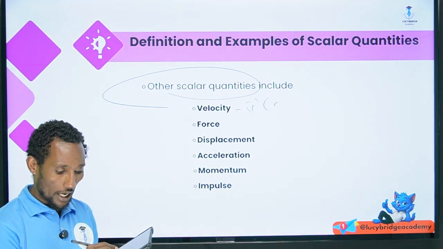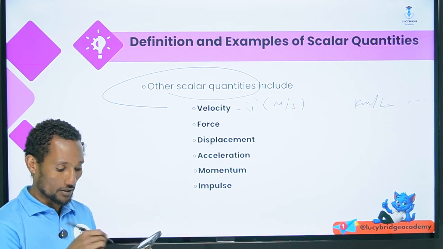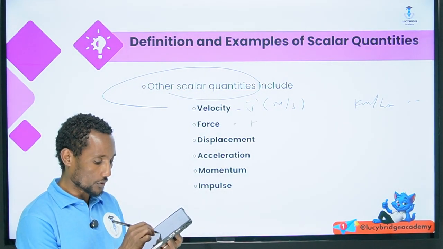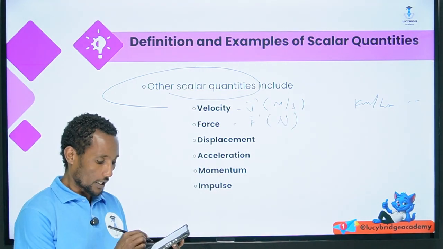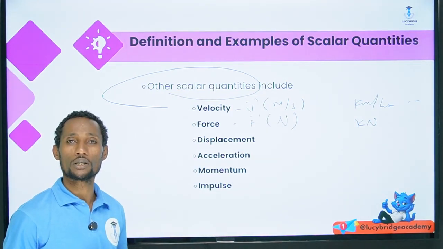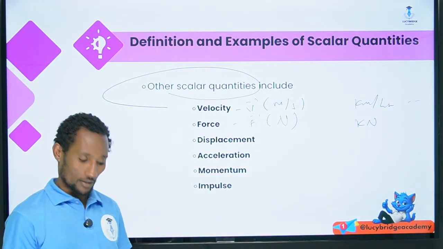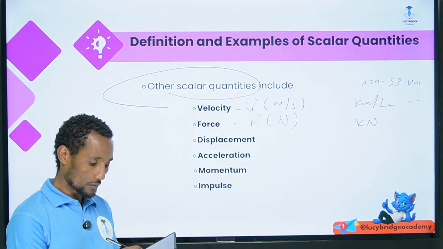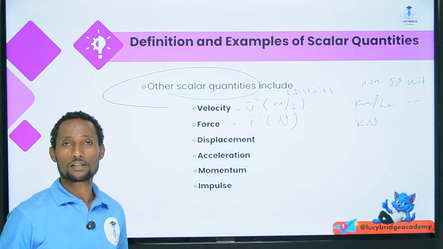Velocity, v, is again in meters per second, and a non-SI unit is kilometer per hour, the same as speed. The force is in Newton, with another unit like kilonewton.